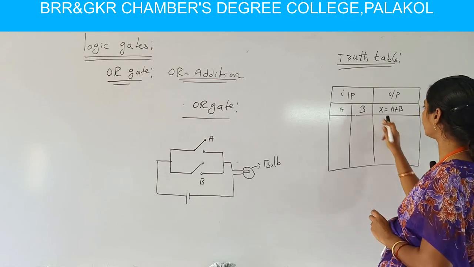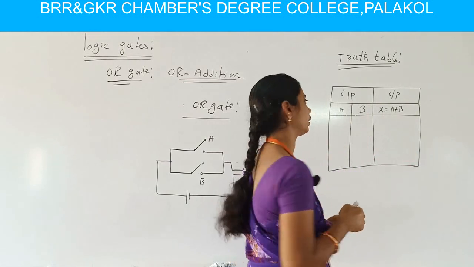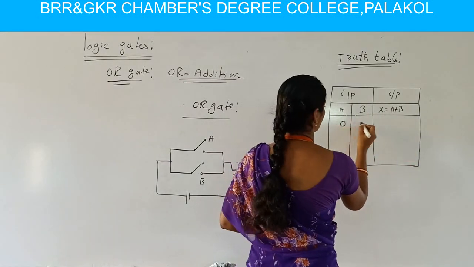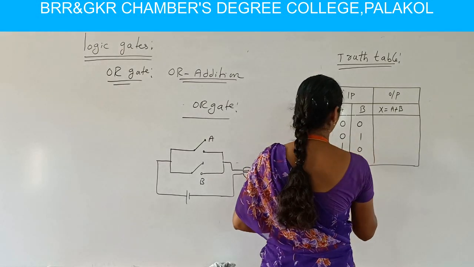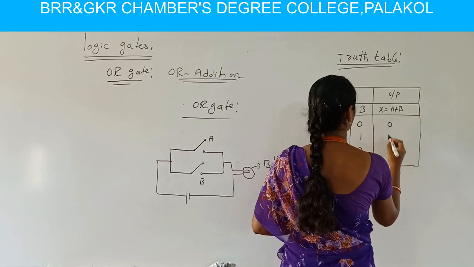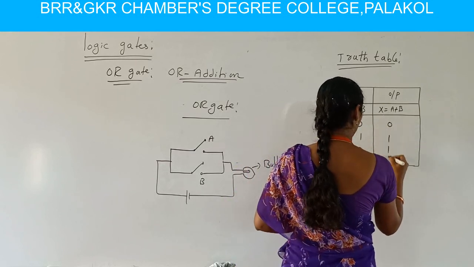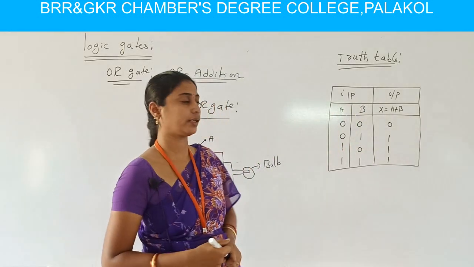We can write the output X is equal to A plus B. So the 2 variables are 0 0, 0 1, 1 0, 1 1. So we have the output as 0, 1, 1 and 1. So this is the truth table for OR gate.